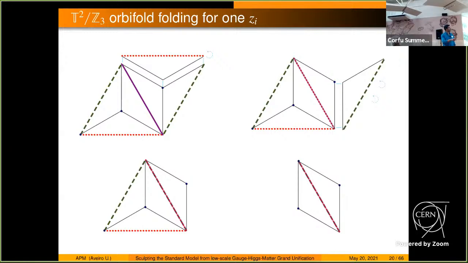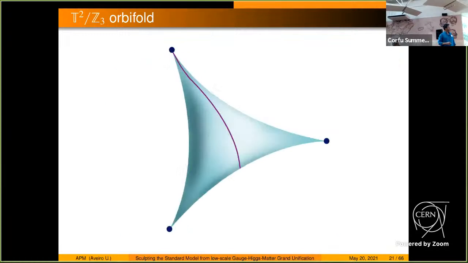And at the end, you have this. And the fixed points are these blue ones here, where you have a four-dimensional theory. And this can be represented for only one complex extra dimension as this Dorito-like picture with fixed points here in the edges.